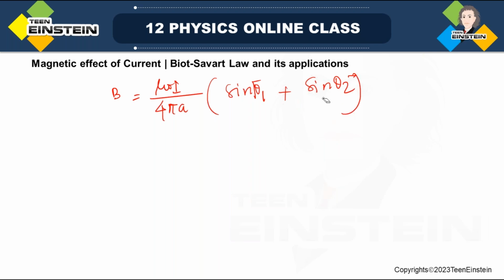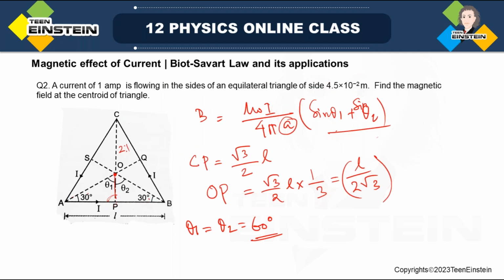So sin theta 1 and sin theta 2 are actually values of 60 degrees. So this part is done. mu 0 I by 4 pi, and 1 by A, what are we getting? A means OP. OP we have got, so 1 by A will be 2 root 3 by L.